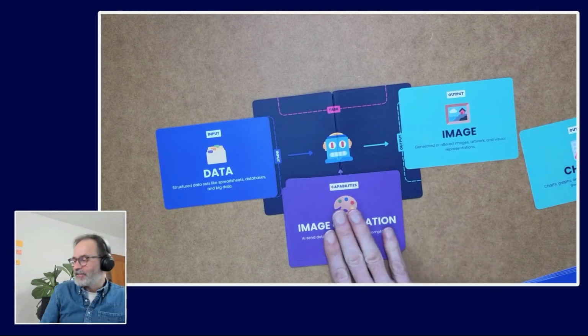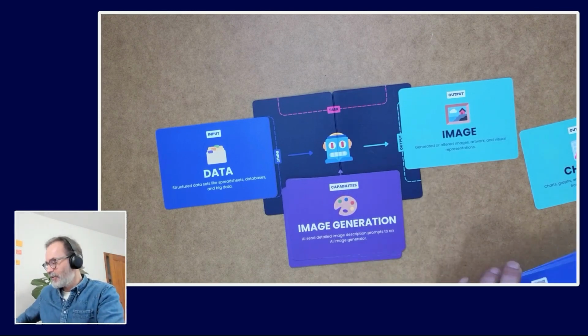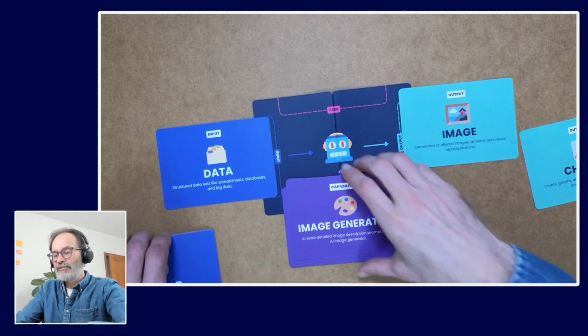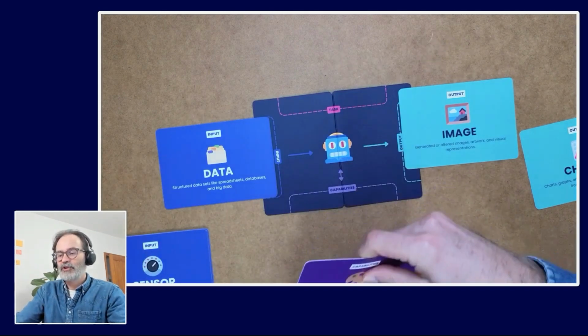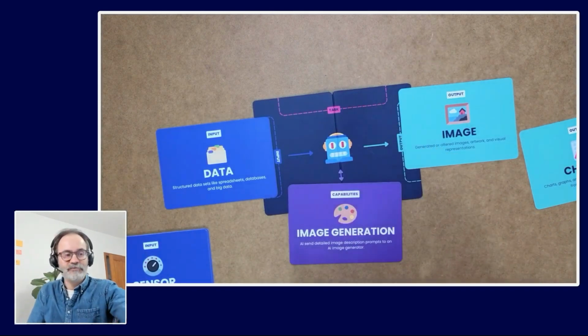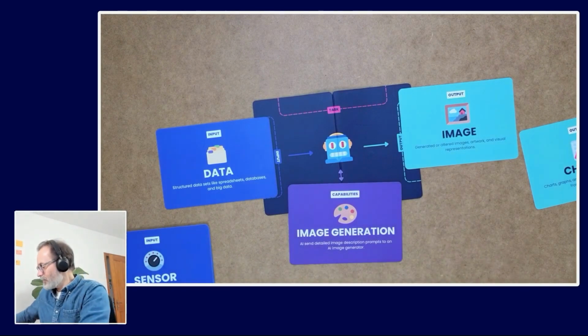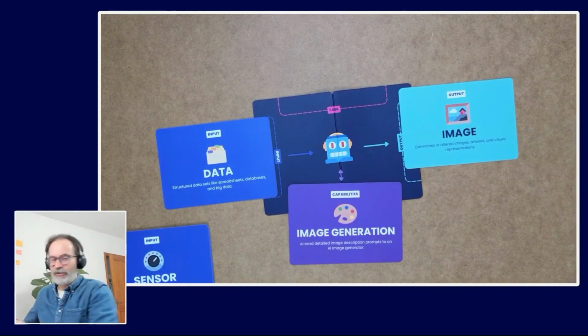Okay, so this is capability. And the last one, just putting a little bit of order. The last one is, oh, it's not the last one. I have plenty of others.